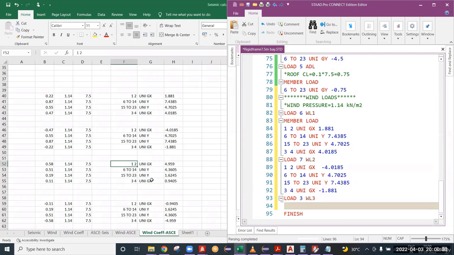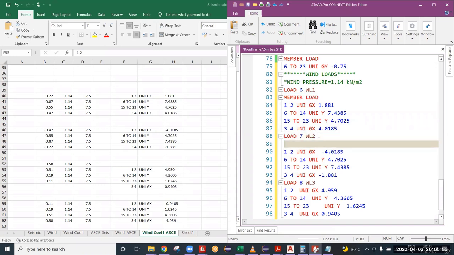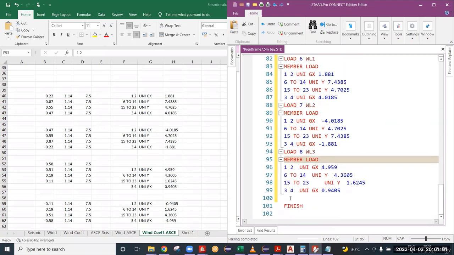Load case 8, sir? Yes, load case 8, exactly. Member load is not required, sir? Yes, I'll give it. Anyway, we have to give member load for all these things. Load 9, WL4.